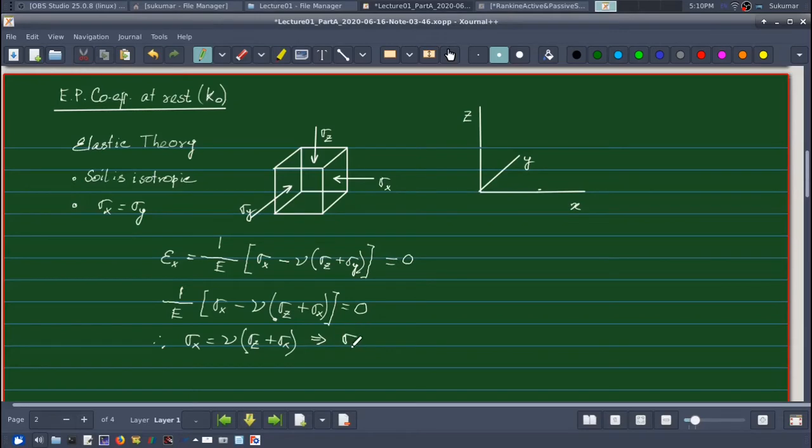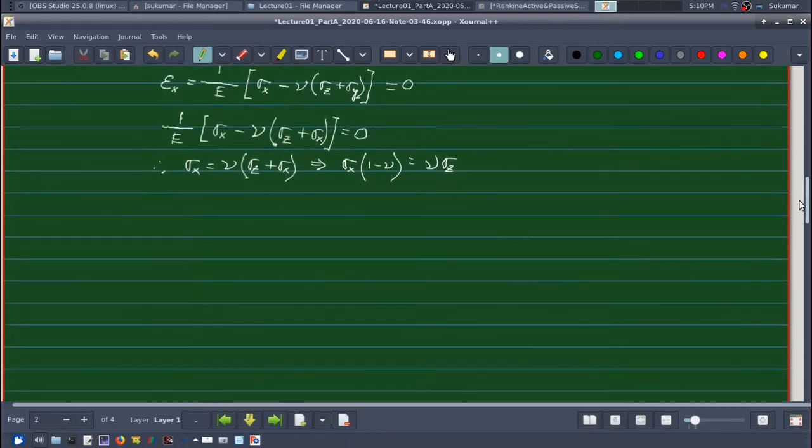So sigma x times 1 minus nu will be equal to nu times sigma z, right?